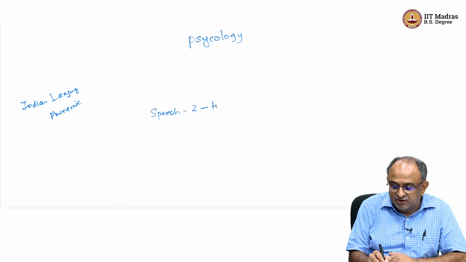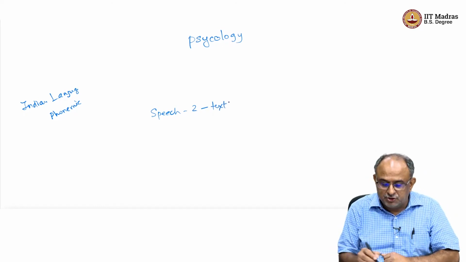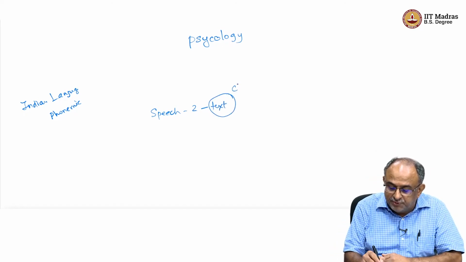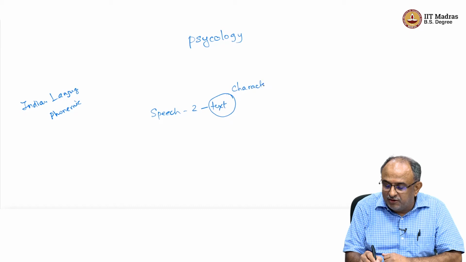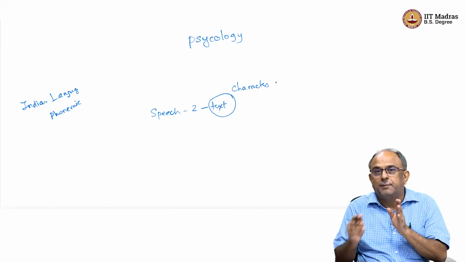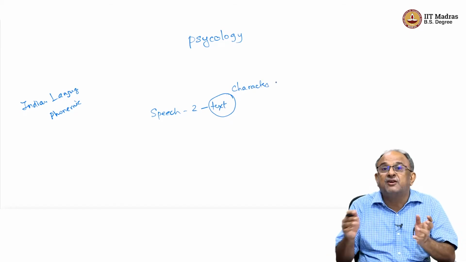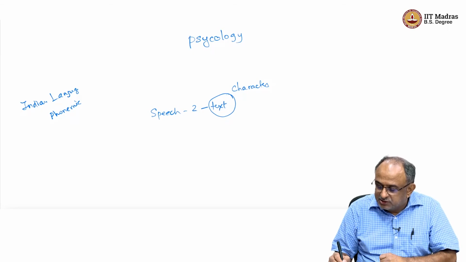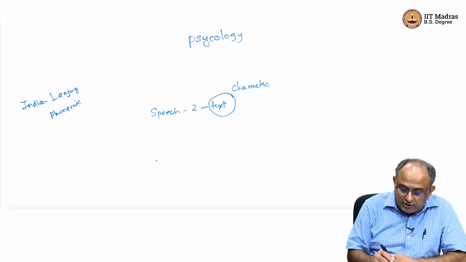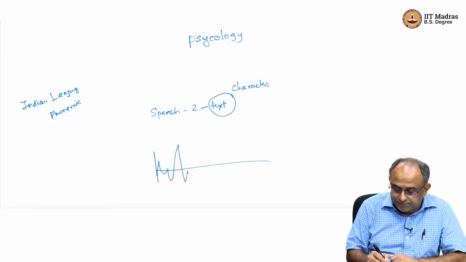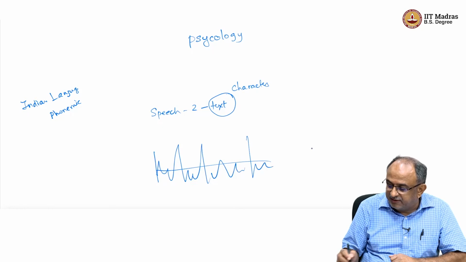So speech to text is what I am doing, but here I am going to go from speech to characters, and one of the characters is going to be the blank, the space, so that I can differentiate words. Now my problem becomes a little easier. I start with the waveform. I don't need the lexicon.